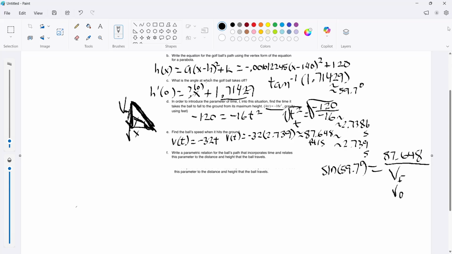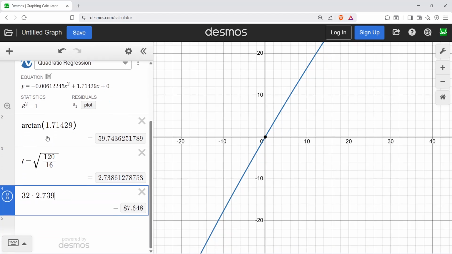If I multiply both sides by the final velocity and divide by sine 59.7, the final velocity equals 87.648 feet per second divided by sine of 59.7 degrees.